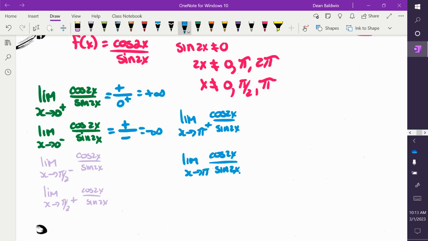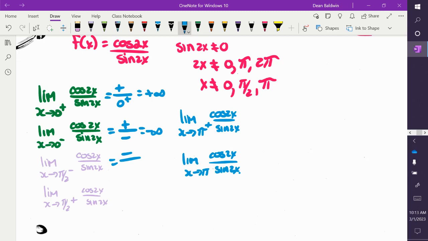What's cosine of pi from the negative side? So the negative side of 180. You're coming like numbers that are less. You're coming this way. Is it positive or negative? Then you put it into the sine function. It turns into 180, right?